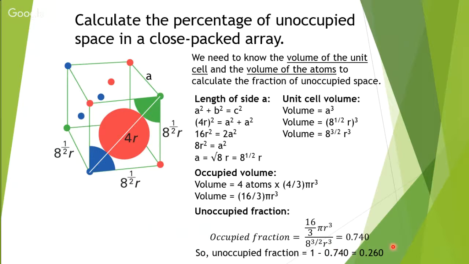So we can calculate that 0.74 is the fraction, or 74% is occupied by atoms. The unoccupied fraction then is just the difference between that number and 1, which means that about 26% is unoccupied. A lot of the time you can work these out even if you don't know the radius, because the term that you don't know will end up canceling out.